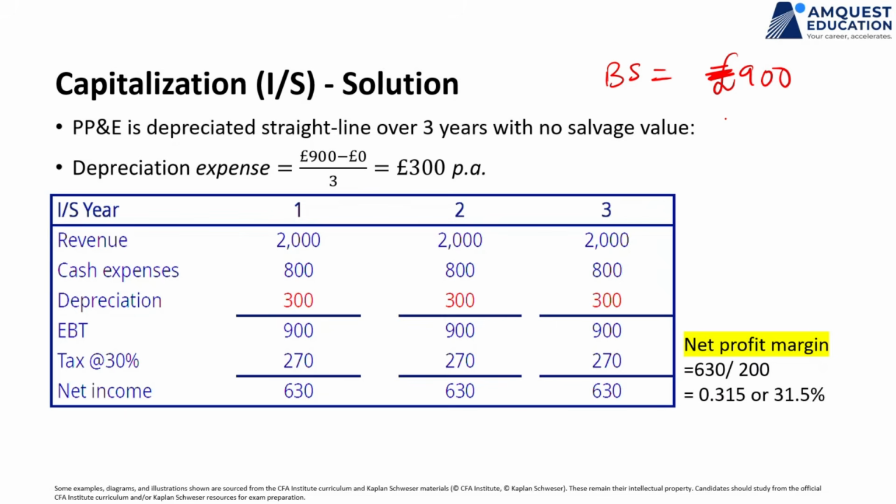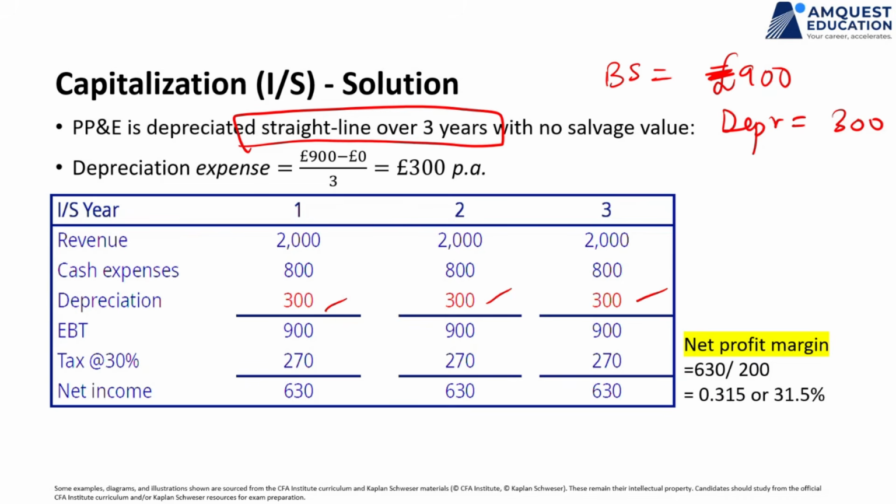And 900 pounds will be depreciated using a 3 year life. So every year the depreciation will be 300. Like we were doing 1, 1, 1, 1 every year, they are going to do 300, 300, 300. Because you are capitalizing, you are creating an asset, and that asset is getting depreciated every year by 300.